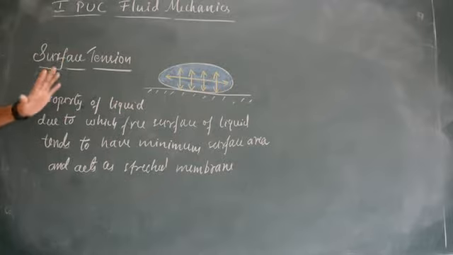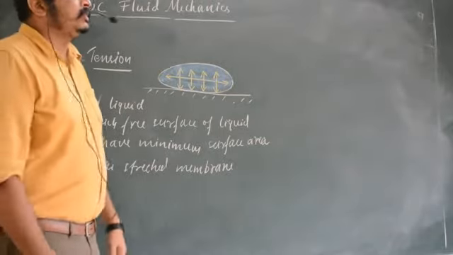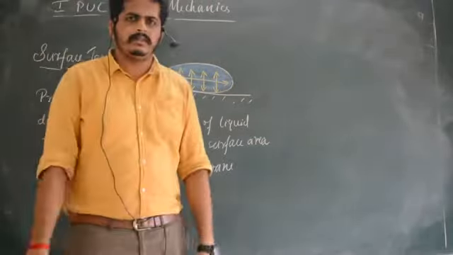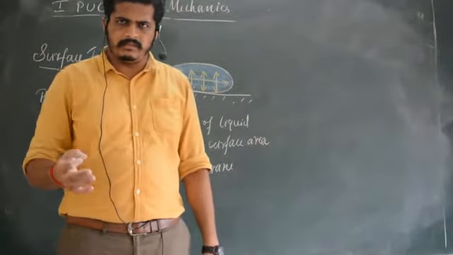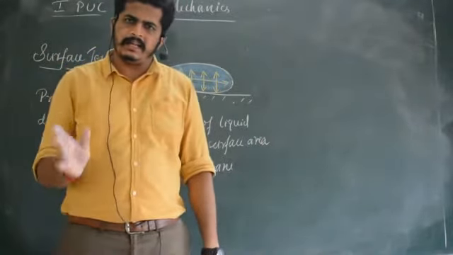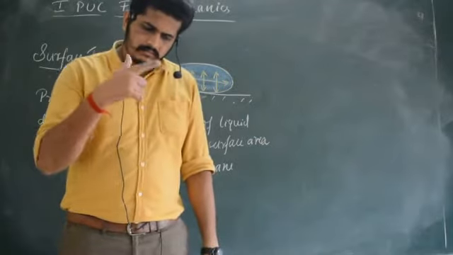So what is surface tension? The property of liquid due to which the free surface of liquid tends to have minimum surface area and acts as a stretched membrane. So due to this, what happens? For example, imagine an ant falls on the water surface. Do you think the ant will sink inside?